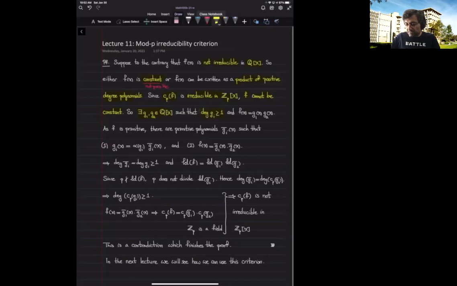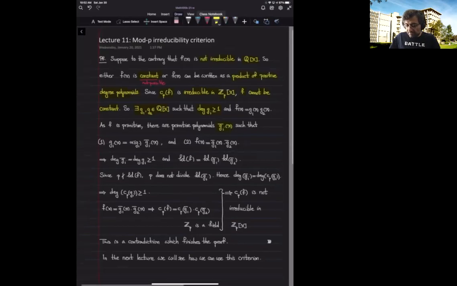Now again, we use the result that we proved and deduce that F can be written as the product of the primitive forms of G sub i's. So there are these primitive polynomials that are essentially the primitive forms of G sub i's. That means I can write G sub i as its content times these primitive polynomials. And my polynomial F is precisely the product of these primitive forms of G sub i's.